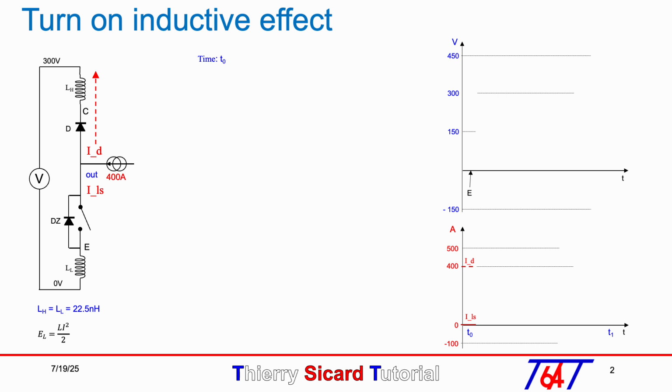At t equal t0, the current source replacing the load current injects 400 amp into diode D and the parasitic inductor LH, represented by the red dotted arrow. The energy stored in the 22.5 nanohenry inductor LH is equal to 1.8 millijoule.